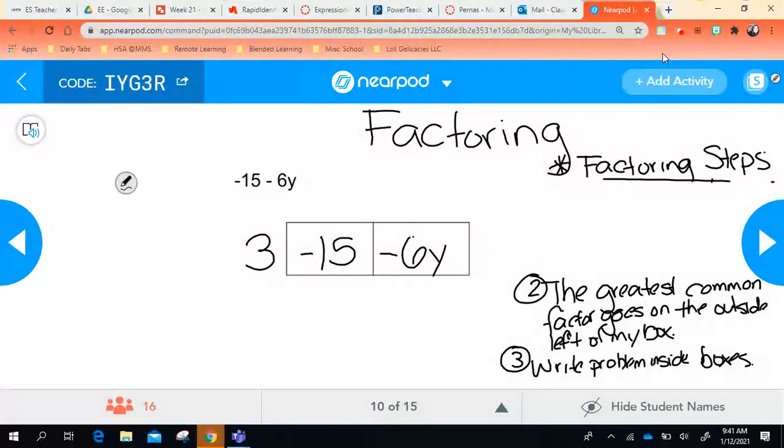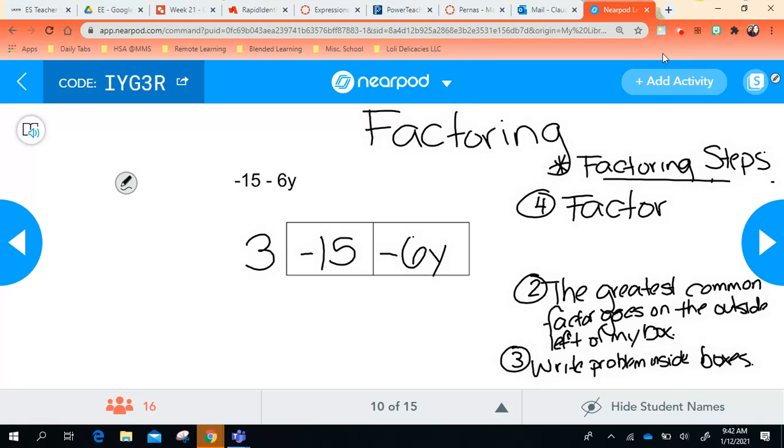Okay, step number 4. I'm leaving the other ones on the bottom just in case. Your last step is you're going to factor. And I'll show you what that looks like. I'm going to walk you through 2 different ways that you can do this.